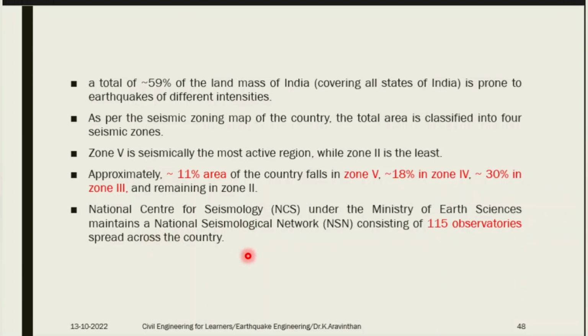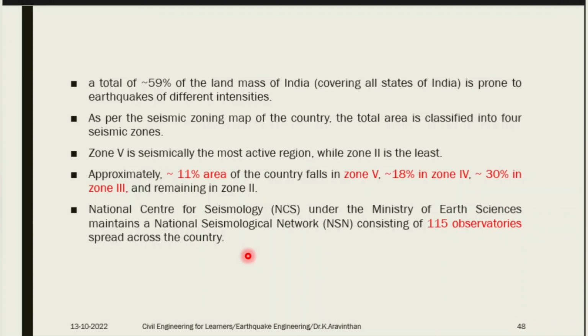This is what I said earlier. Totally we have 115 seismic centers, and in 1 or 2 years at RRC we are planning for one seismic center which could observe all the earthquakes which occur in and around the place.